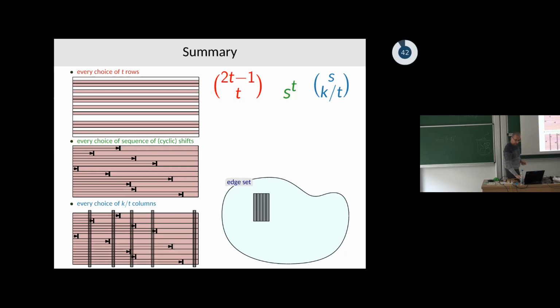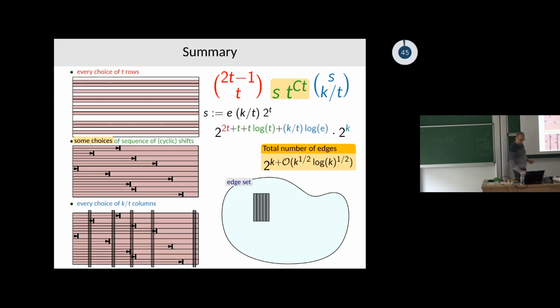So instead of s to the t here, we get t to the t. And s is just a factor, so it is not important here. And we can once again optimize. Okay, we paid something, so we need to increase s multiplying by e. But this is a small price; it doesn't matter in the final results.